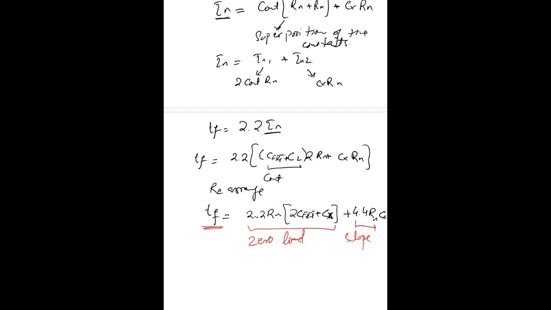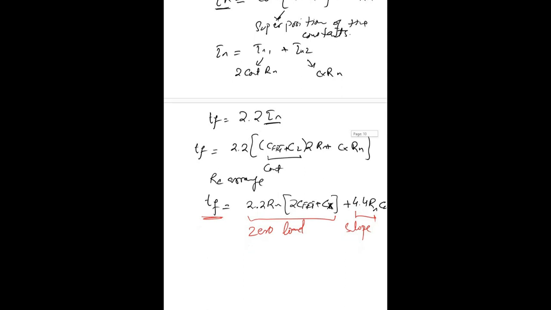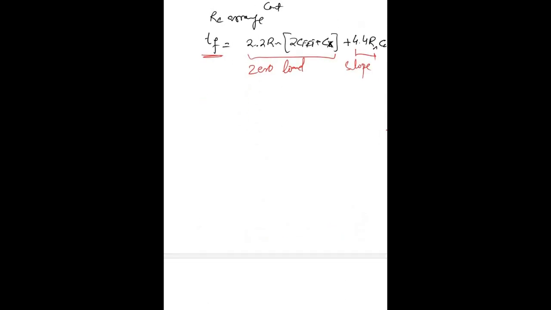So what we conclude from this derivation of our fall time is that the zero load and the slope both are affected by series connected FETs.